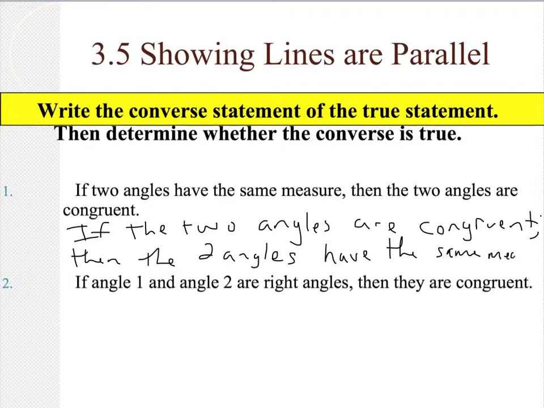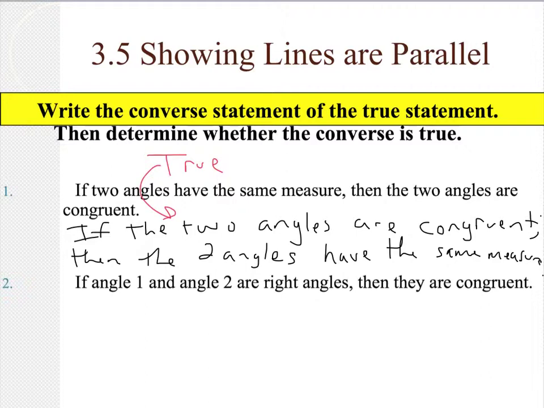And then what you ask yourself is, is that a true statement? So is it true that if two angles are congruent, then the two angles have the same measure? Yes, it is true. You can put true underneath that first statement. So that converse in that one is going to be true.